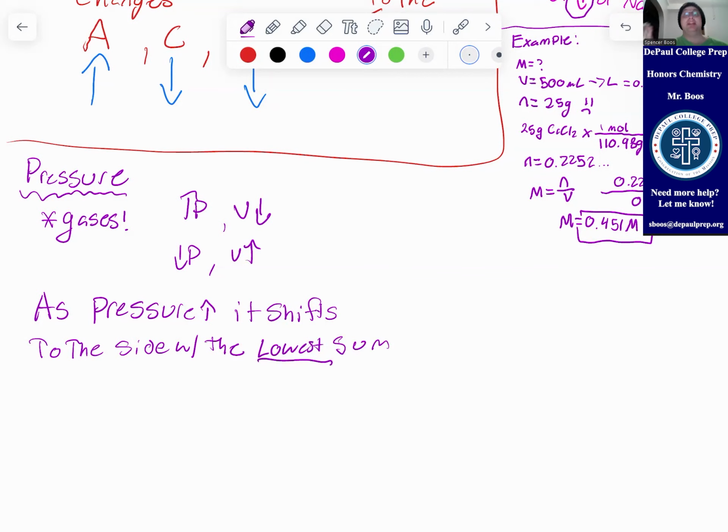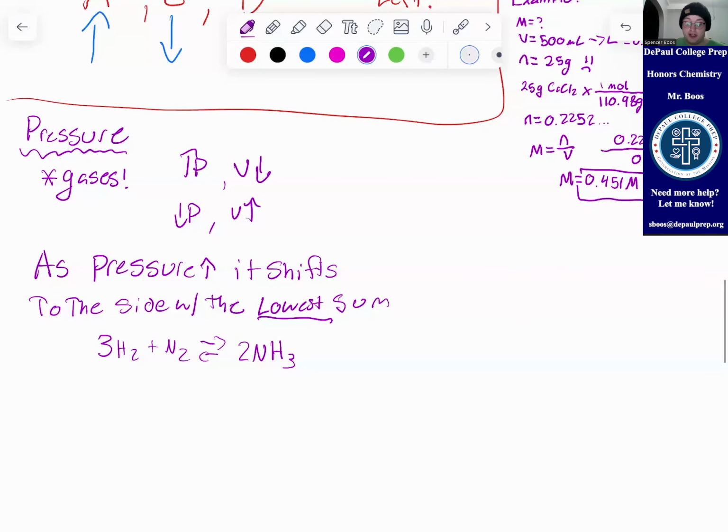Now, what do I mean by lowest sum? Let's look at an example, right? We'll look at the Haber process. 3H2 plus N2 yields in equilibrium 2NH3, okay? So with 2NH3, right, the sum on this side is 4, 1 plus 3, and on this side it is 2. So in this case, equilibrium would shift to the left.